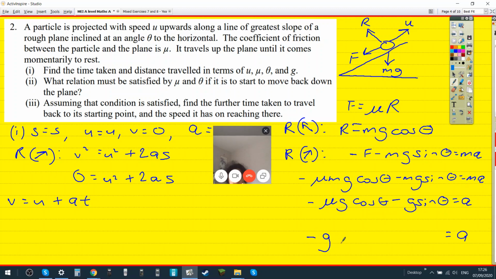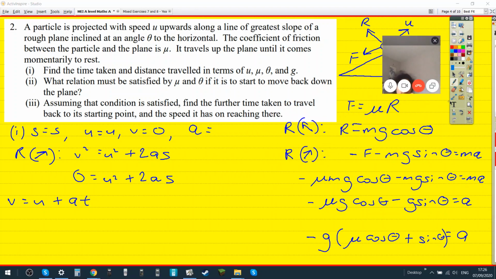So it'd just be f plus mg sine theta then. But the friction wouldn't be negative, so you can't take out minus g. You can only take out g because the friction won't be in the negative direction if you resolve the other way.